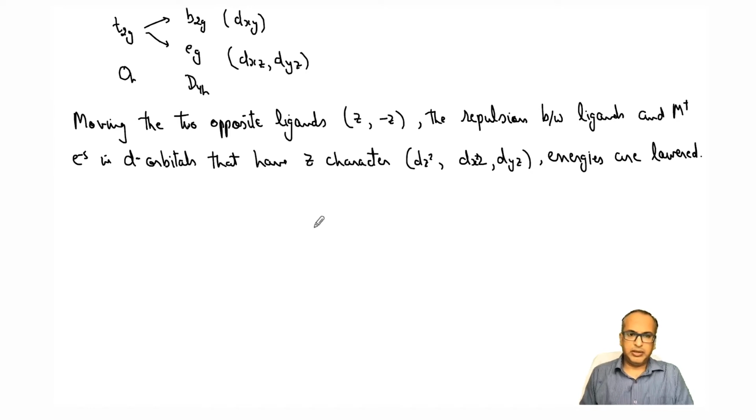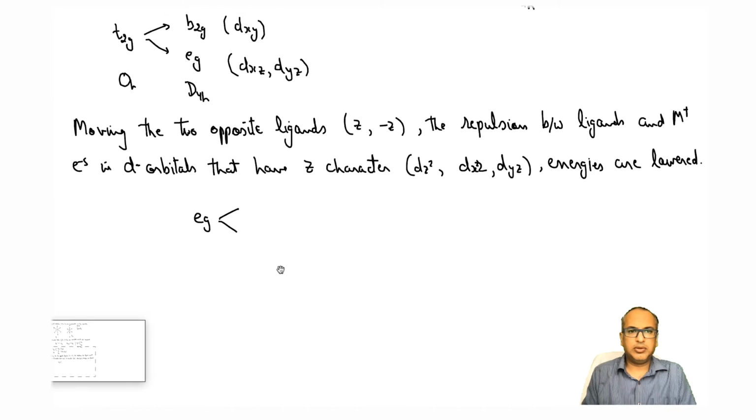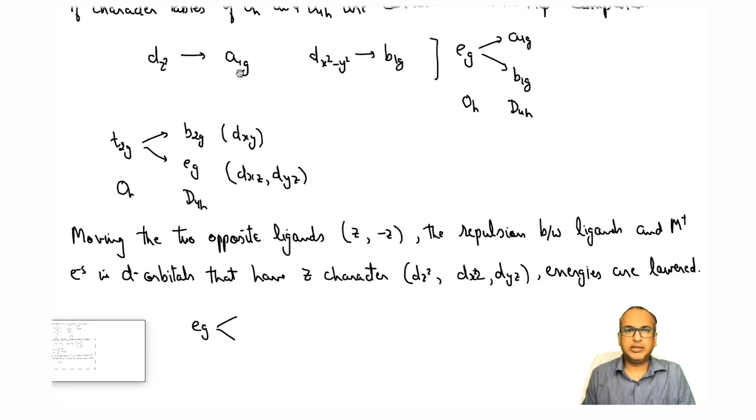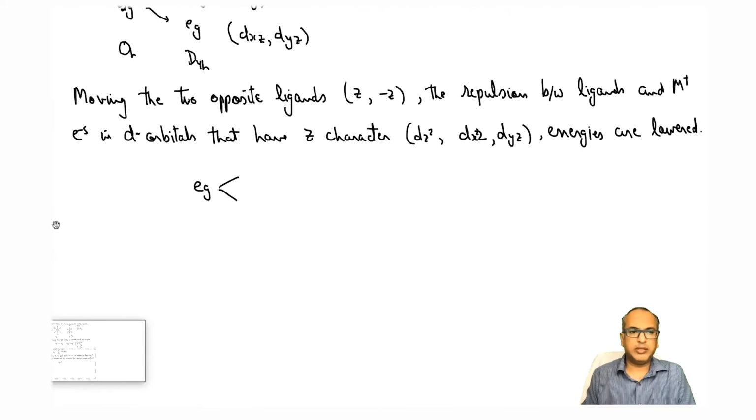So what do I mean? I mean that when you go from EG, we have seen that you go into, what was the two? For EG it is A1G and B1G, dz square and dx square minus y square. So that means dz square will be lower in energy as compared to dx square minus y square.